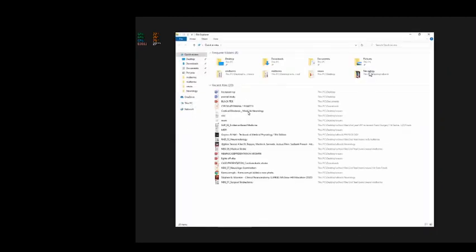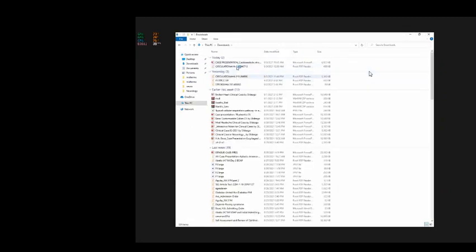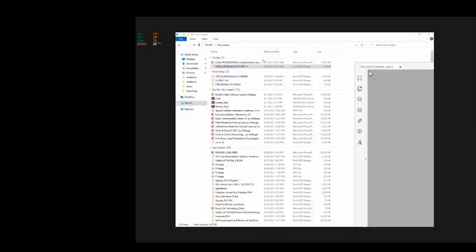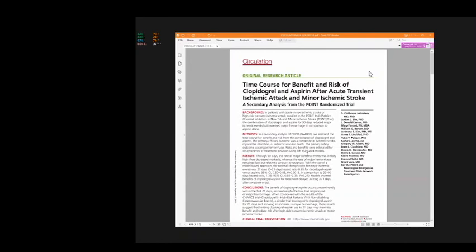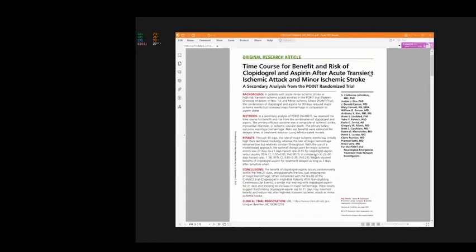Okay lang ba? Sige. Kasi may mga stronger trials, MATCH, CHARISMA, actually, that discourage double antiplatelet unless talagang warranted.